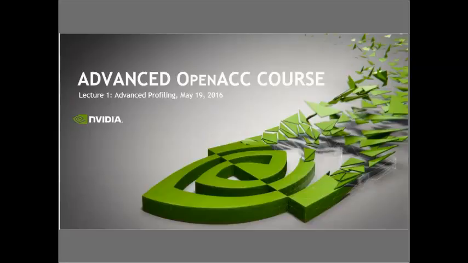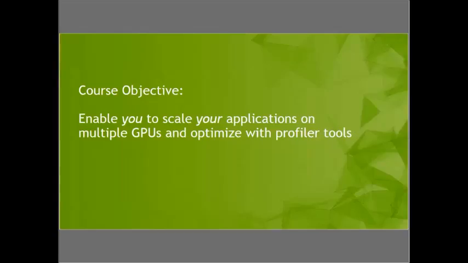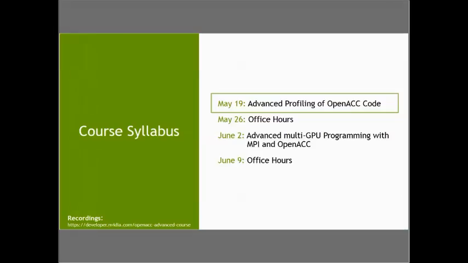Then let me go quickly through the agenda for today and for the course overall. First of all, we want to enable you to scale up your application on multiple GPUs during this course, as well as optimize with the profiler tools. So these are the main course objectives for this class. The course itself consists of 2 classes.